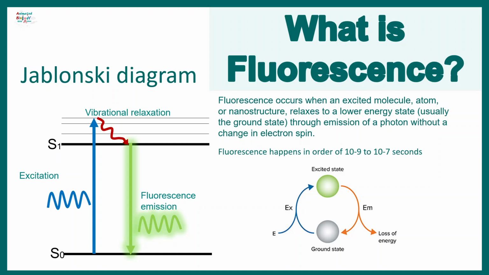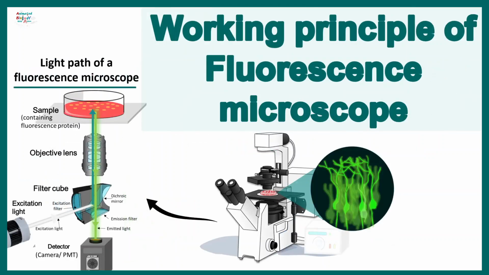Notice that in this particular case, the fluorescent light is in green wavelength. That means it has shifted the wavelength. So in fluorescence, two important things are the wavelength shift of the emitted light, and the spin of the electron remains unchanged. And it's a fairly fast phenomenon, happening in the order of 10 to the power minus 9 to 10 to the power minus 7 seconds. This principle of fluorescence is used in fluorescence microscopy.